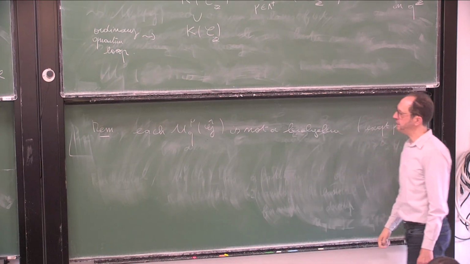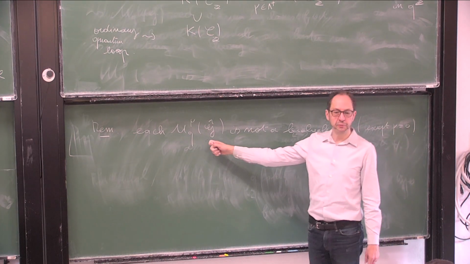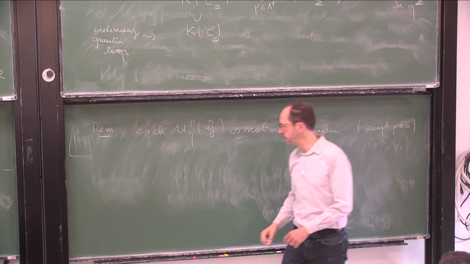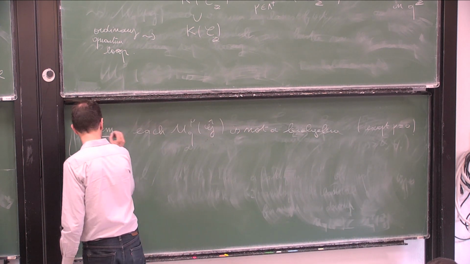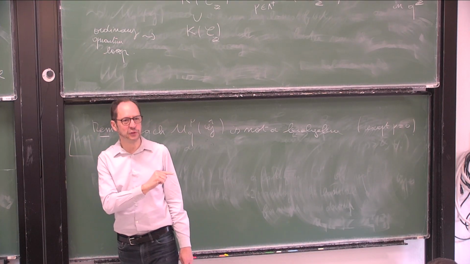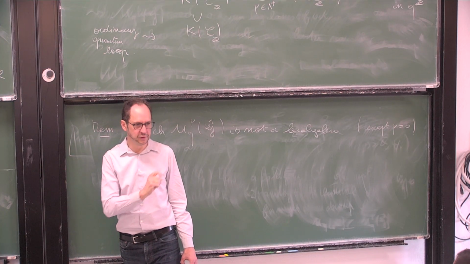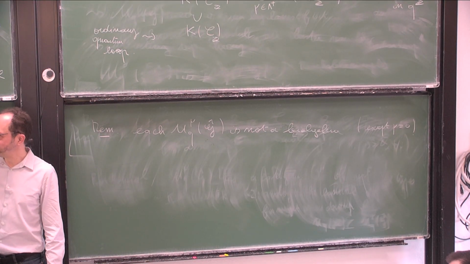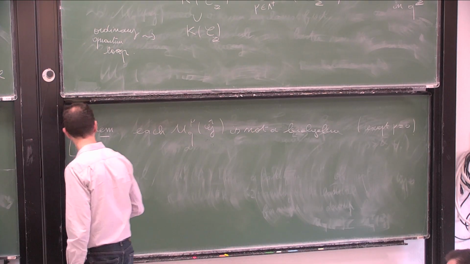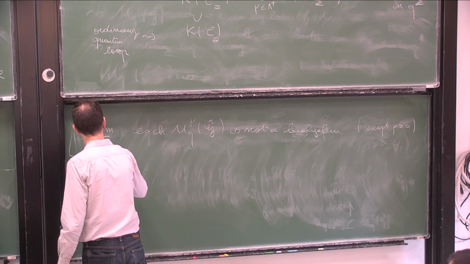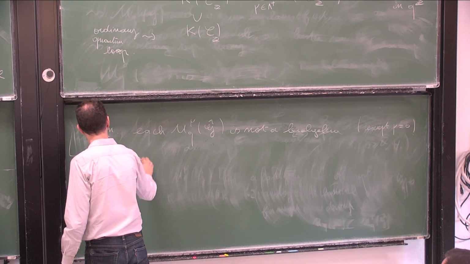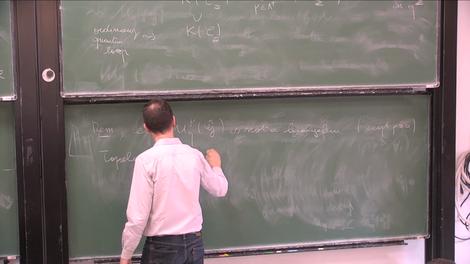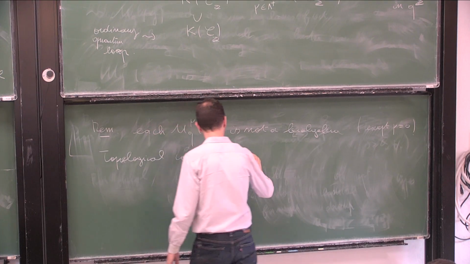In fact, this topological coproduct makes sense here, because the relations are the same. Again, it's not the same coproduct that I used for the quantum loop group. So the topological coproduct makes sense.